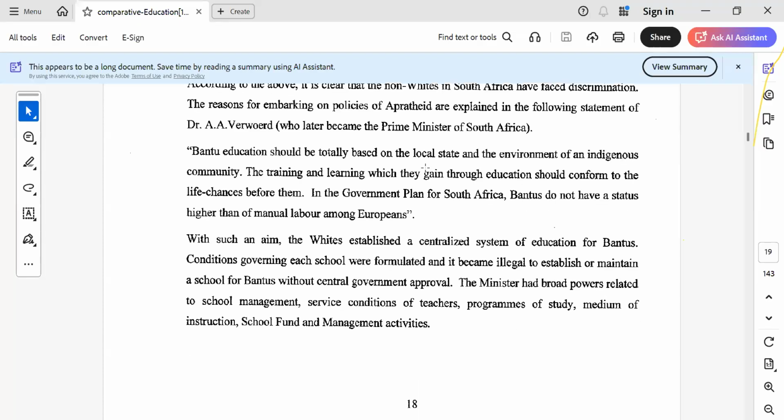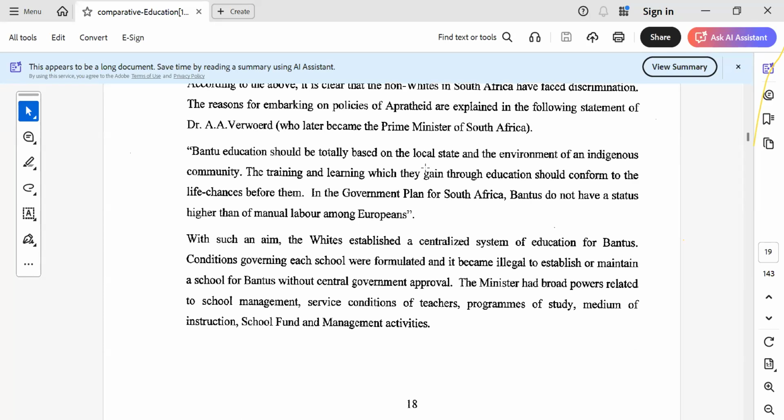Right, so they prepared four acts. The first one is the Bantu Act, for the indigenous community. Bantu education should be totally based on the local state and the environment of the indigenous community. The training and learning gained through education should conform to the life chances before them.